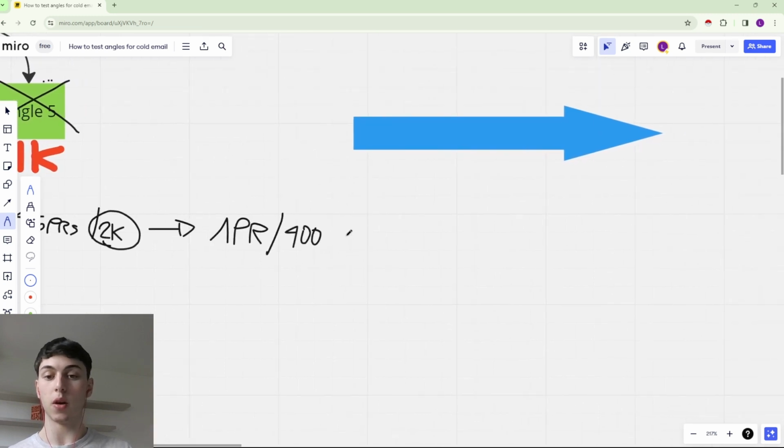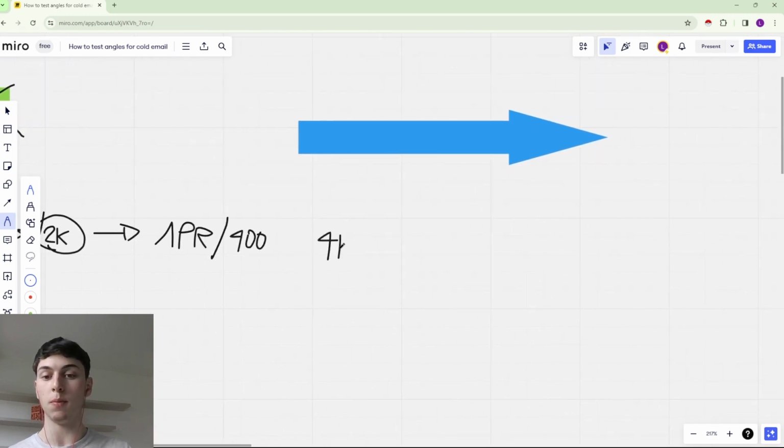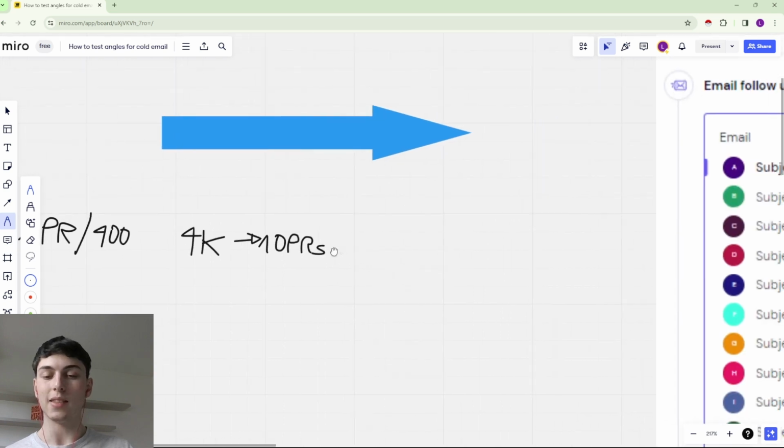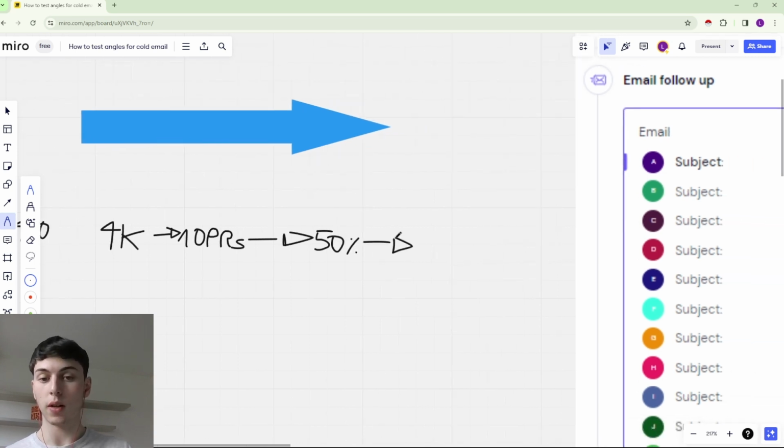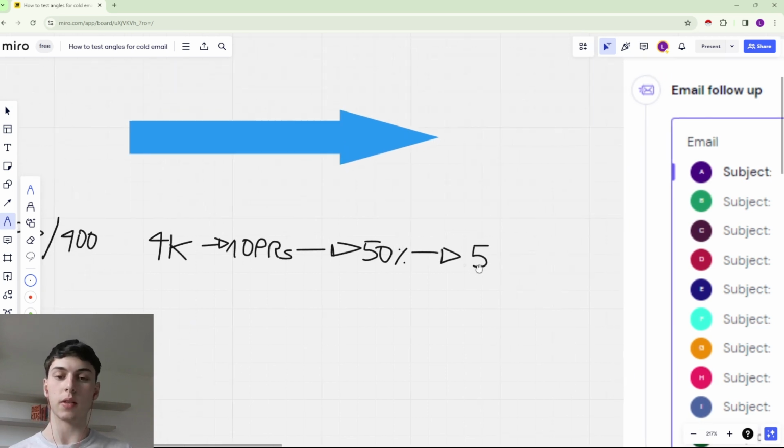For example, let's say you have a total addressable market of 4,000 people. You can understand here that you're going to get 10 positive replies out of those 4,000 people, and say you convert 50% into calls, so positive reply to calls booked is 50%, then you know that out of that total addressable market, you're going to get 5 calls, realistically.